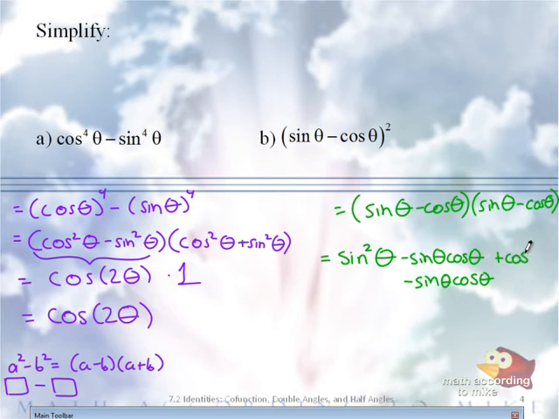Cosine squared theta? So if we were to clean this up, we'd have sine squared theta minus 2 sine theta cosine theta plus cosine squared theta.